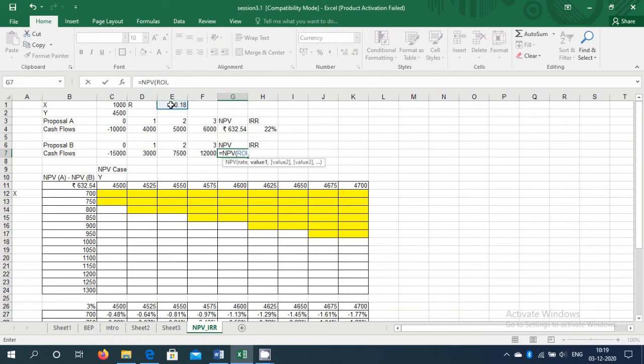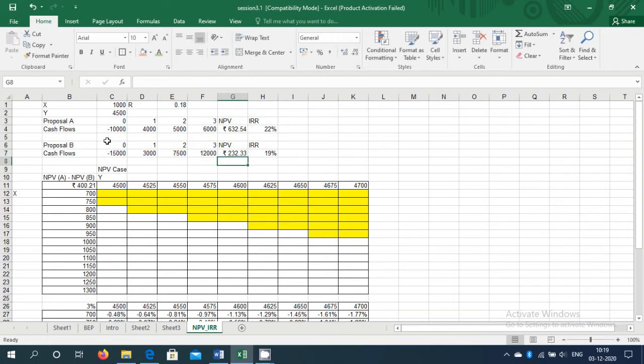Then the return that I am getting this way, plus initial investment is 15,000.